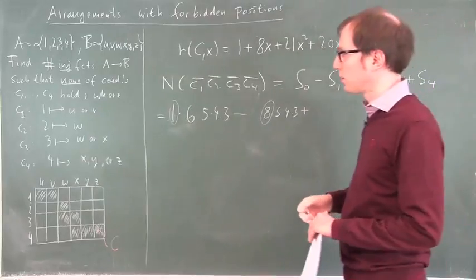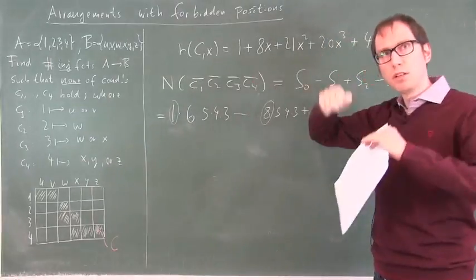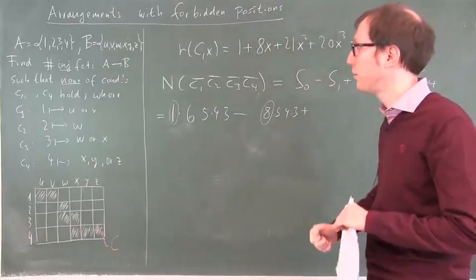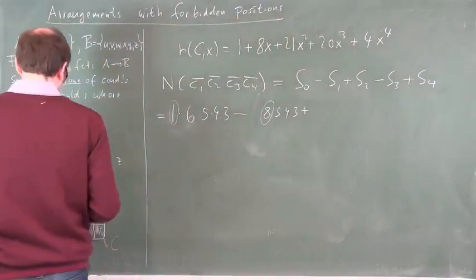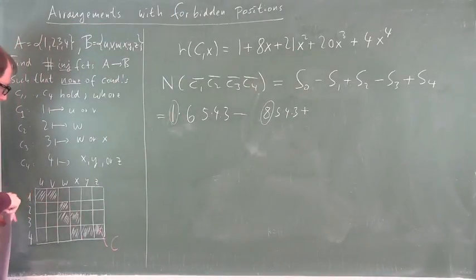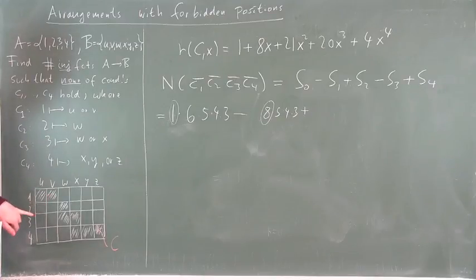S2 consists again of n of C1, C2 plus n of C1, C3 plus n of C1, C4 and so forth. So let's just look at n of C1, C2. So this is the number of injective functions satisfying C1 and C2, which means 1 goes here or here, and 2 has to go there.